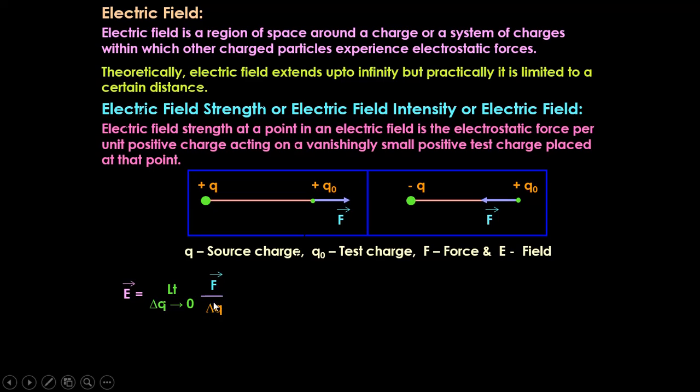when this test charge delta Q is very small, limit delta Q tends to 0. See these wordings and the mathematical expression. The sentence is: when the small test charge is very small. Here we have written limit delta Q tends to 0, which means the test charge is very small.